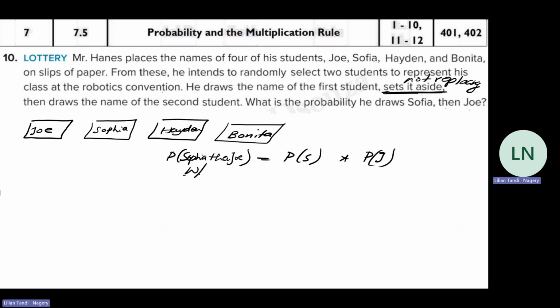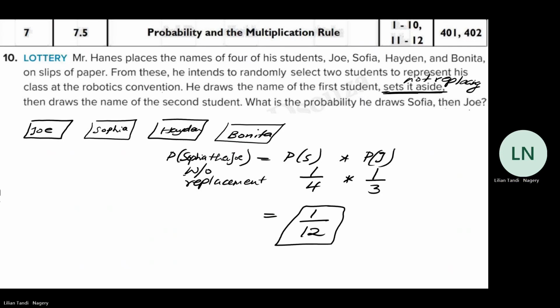But remember, it's without replacement. So here is 4, here is 3, 1 Sophia, 1 Joe. And our answer should be 1 out of 12.